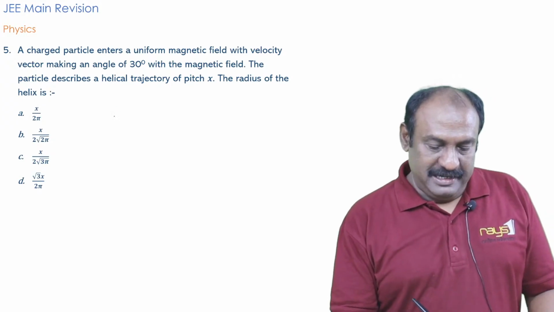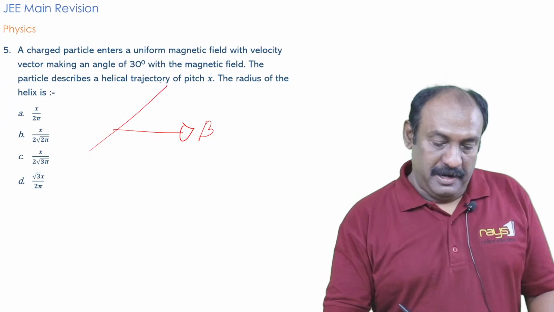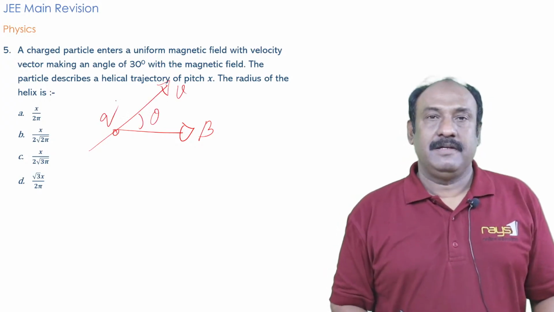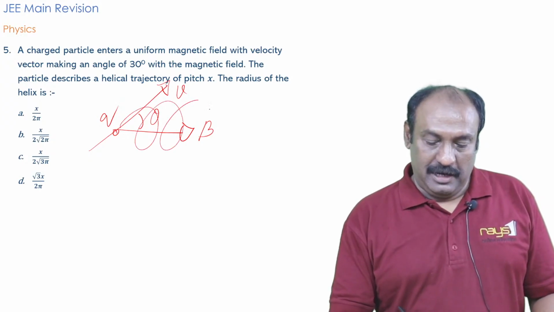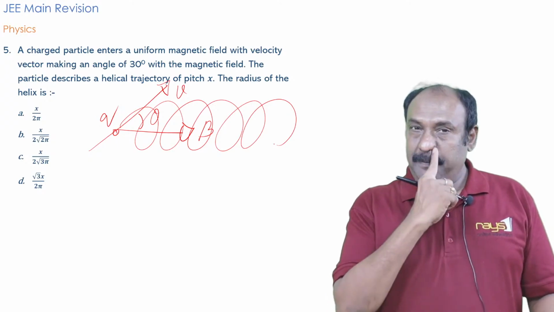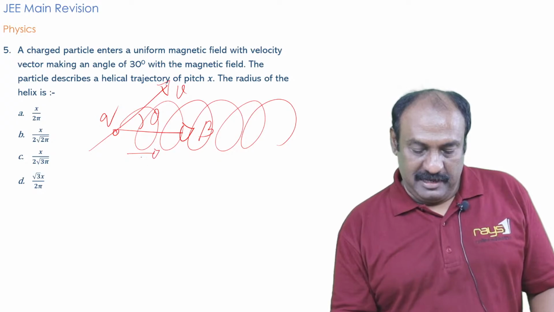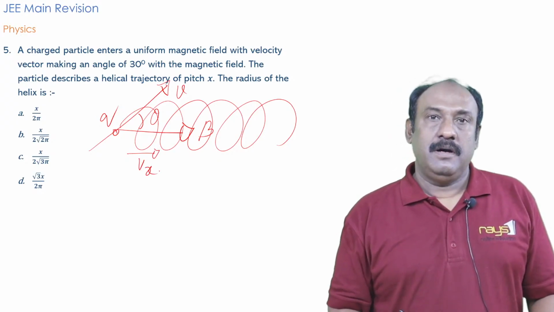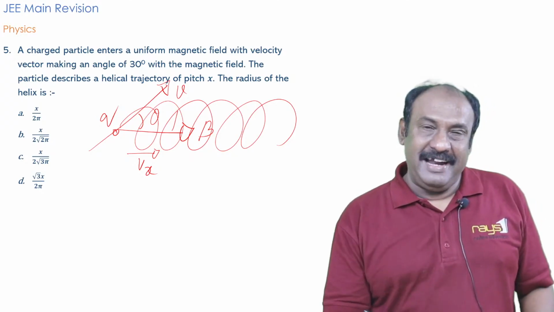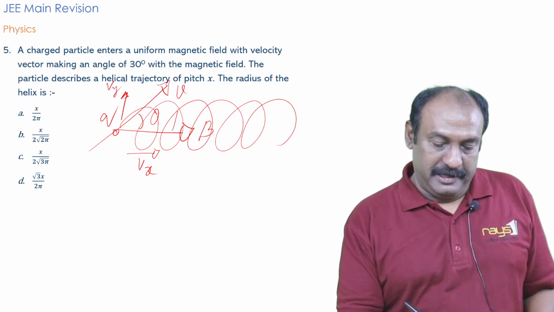When a charged particle enters, this is the direction of the magnetic field. When a charged particle enters at an angle theta with the direction of the magnetic field, then it moves along a helical path. The range of this particle is due to the horizontal component of velocity, and the radius of this helical path is due to the vertical component of velocity of the particle.